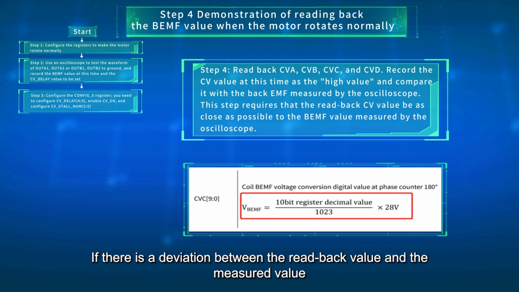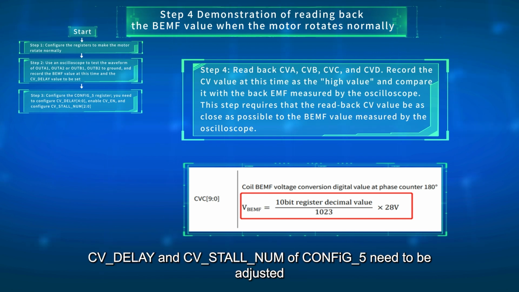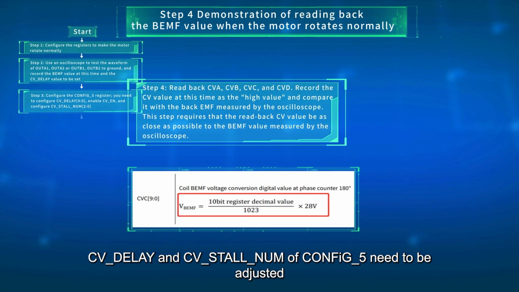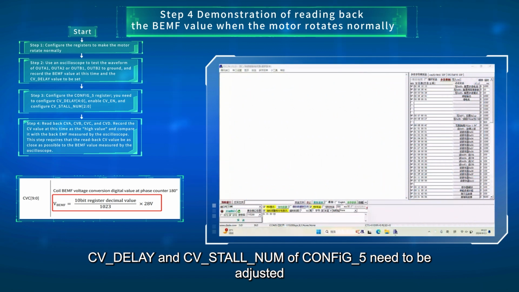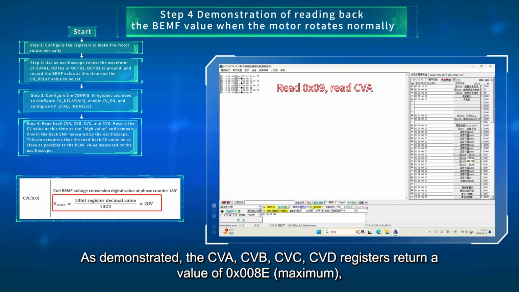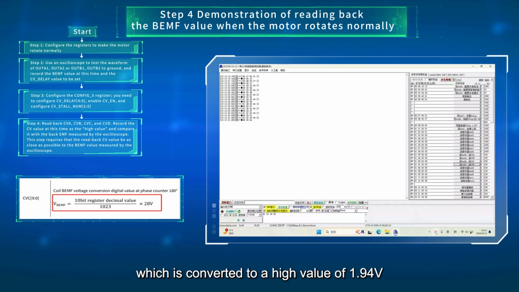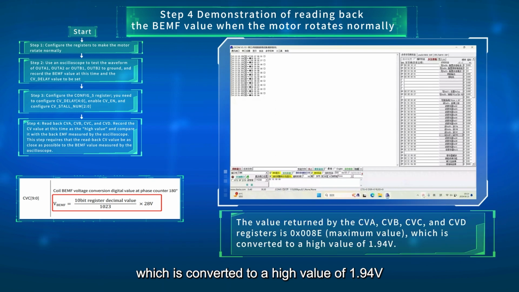If there is a deviation between the readback value and the measured value, CV delay and CV stall of config 5 need to be adjusted. As demonstrated, the CVA, CVB, CVC, CVD registers return a value of 008E maximum, which is converted to a high value of 1.94 volts, close to the measured BEMF of 2 volts.